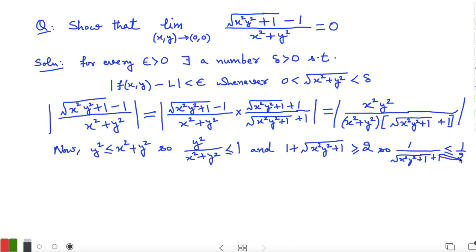So immediately we can use these two results in the last inequality to show that the modulus of f(x, y), which is the function, is less than or equal to y squared by x squared plus y squared, which is at most 1, times 1 over this square root plus 1, which is less than or equal to half.